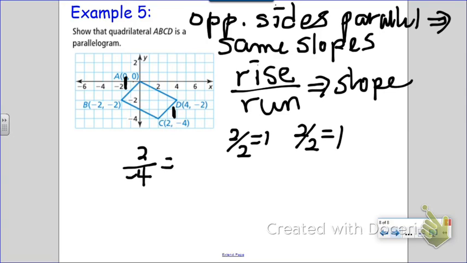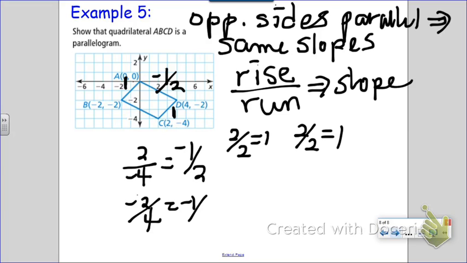Which equals a negative 1/2. And on our other side, we're going down 2 and to the right 4. So which also equals negative 1/2. So same slopes indicate that it's a parallelogram.